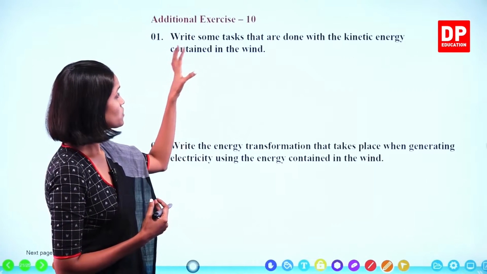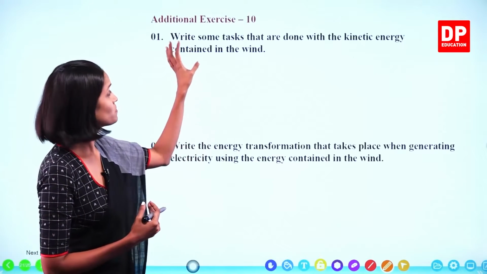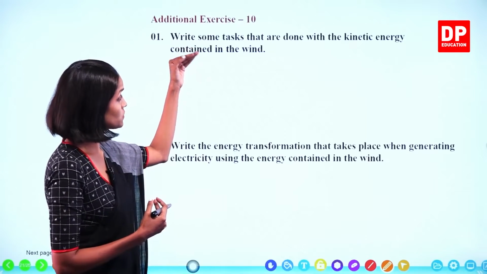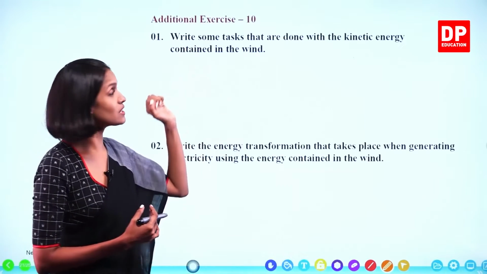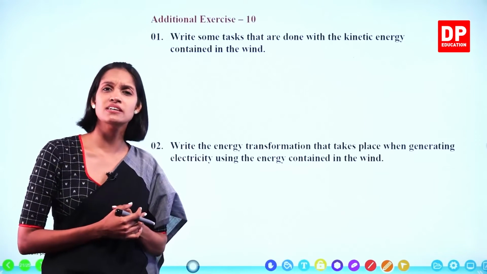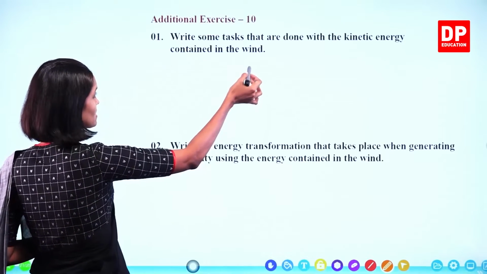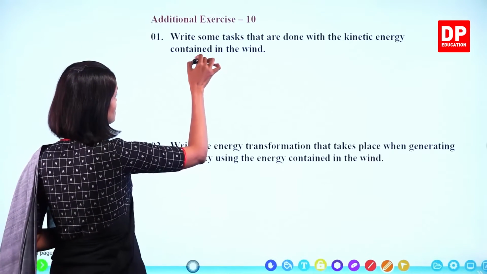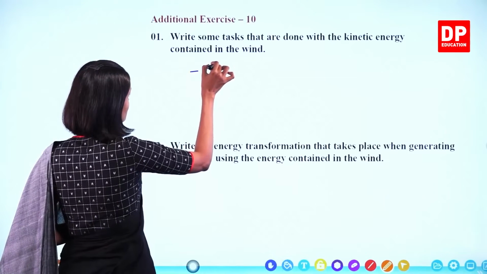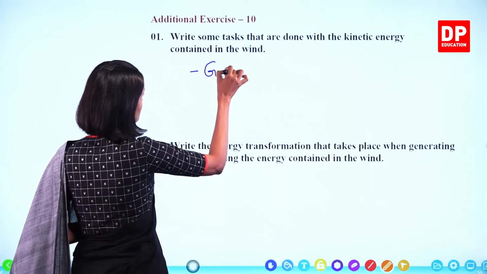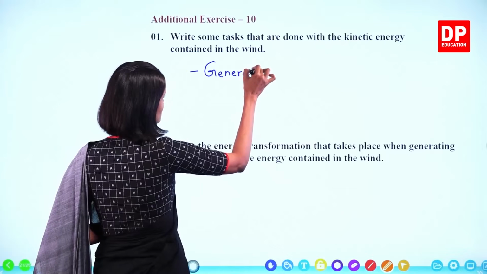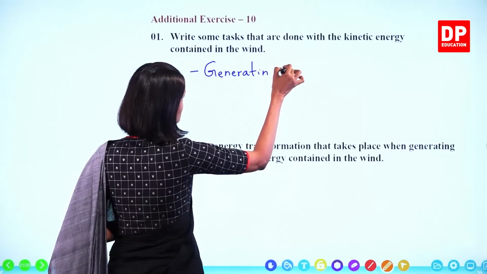So they are using those huge turbines. We can generate electricity using the wind. Okay, the kinetic energy of the wind. What are the other instances? First, let's write some tasks that are done with the kinetic energy contained in the wind. Generating electricity.